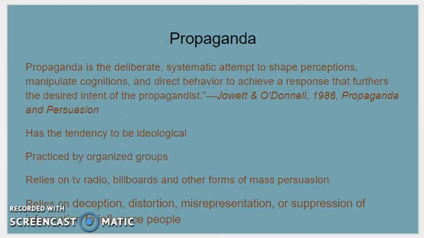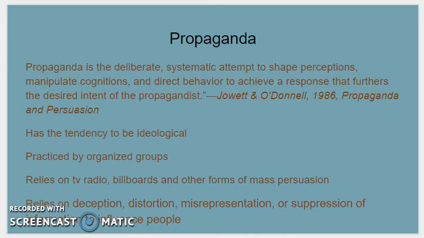So propaganda is the deliberate, systematic attempt to shape perceptions, manipulate cognitions, and direct behaviors to achieve a response that furthers the desired intent of the propagandist. And this is the person who wrote it. It has the tendency to be ideological, practiced by organized groups, relies on TV, radio, billboards, and other forms of mass persuasion.